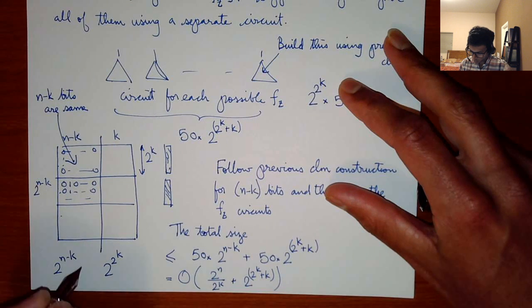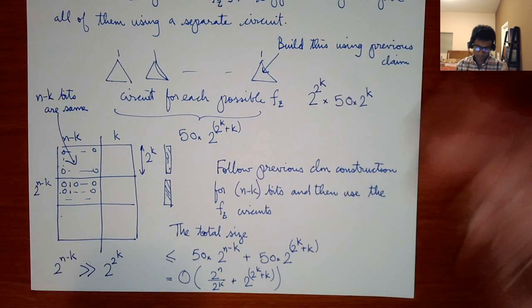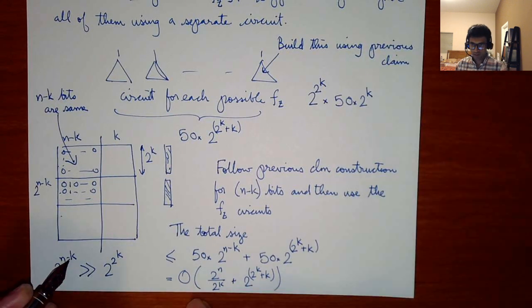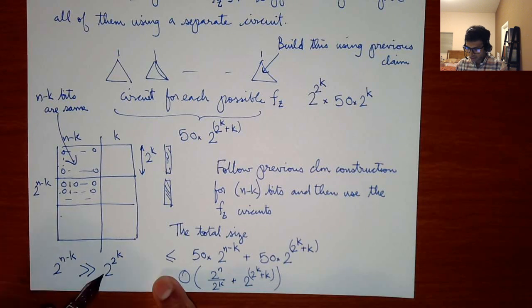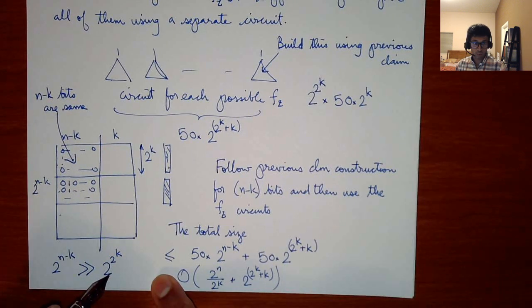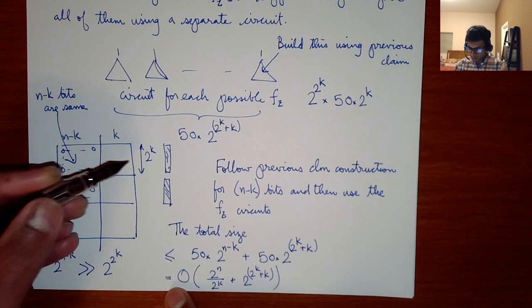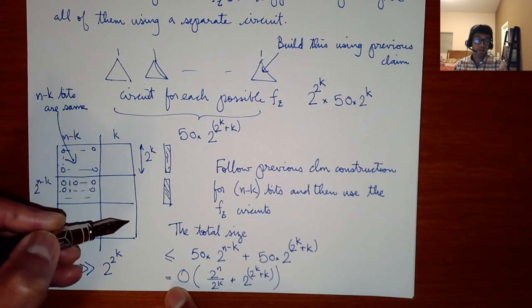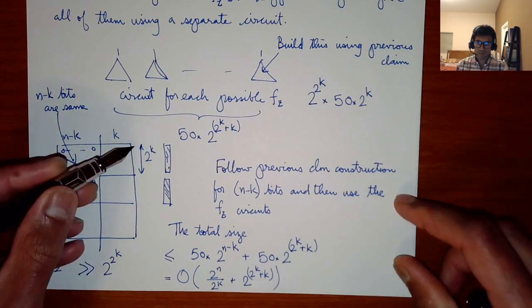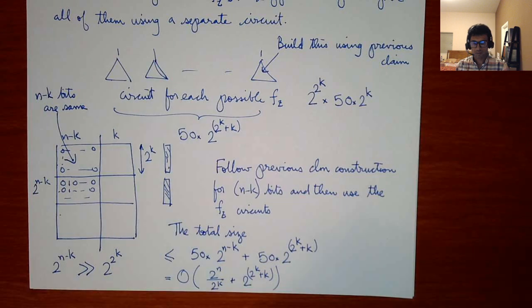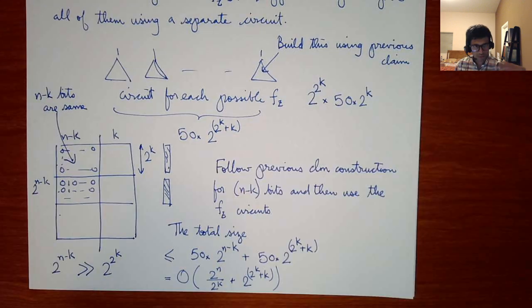Now suppose this was much bigger than this, which you would expect, since k is really small. If 2 to the n minus k is much bigger than 2 to the 2 to the k, then many of these truth tables must be repeated. It's like pigeonhole, right? The same truth table is appearing multiple times, which means you don't have to compute it every single time. You compute it once and you just reuse the value.